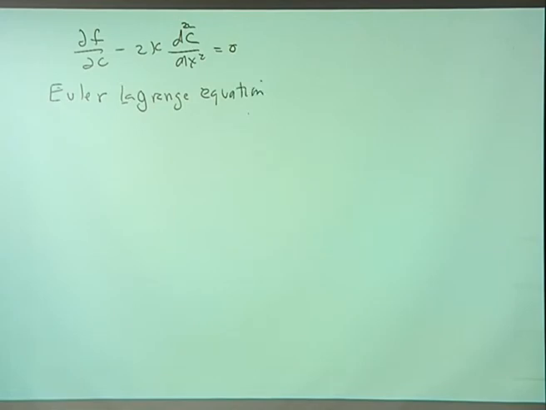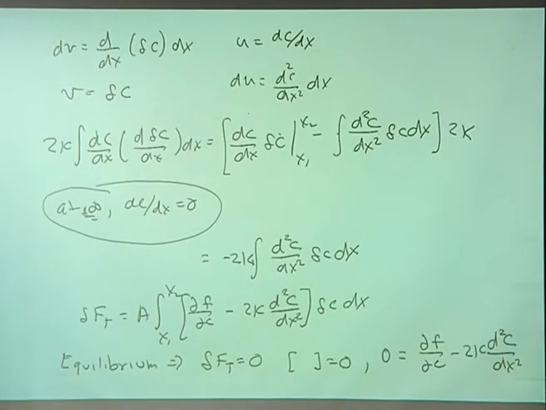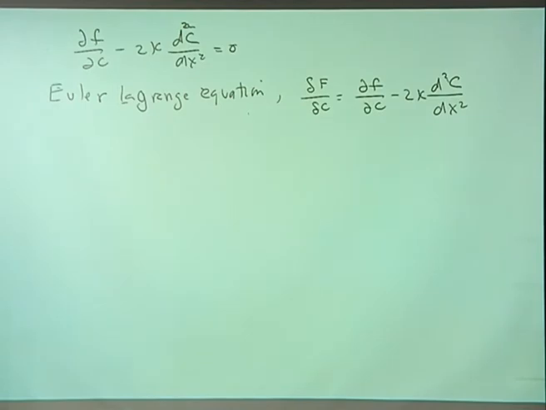You will also see it abbreviated in the phase field community. They don't bother writing Euler-Lagrange equation, but they use these delta signs for the first variation of F with respect to c. They go over to here and divide by delta c, and use this as a shorthand for the Euler-Lagrange equation. You'll see this in the literature quite often, and we'll be using this as we go forward.